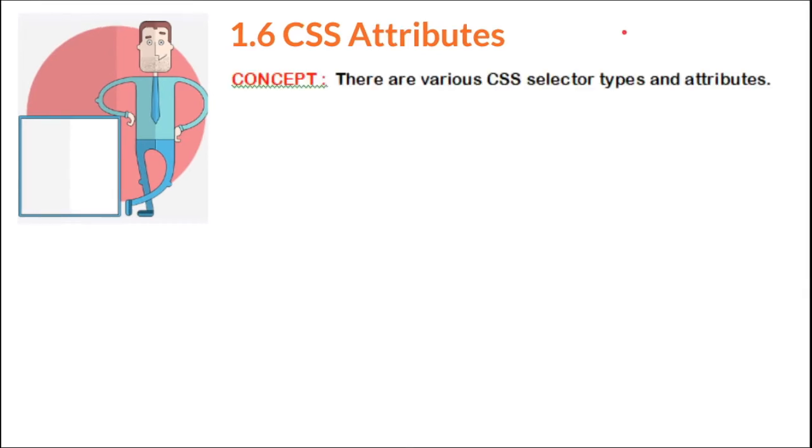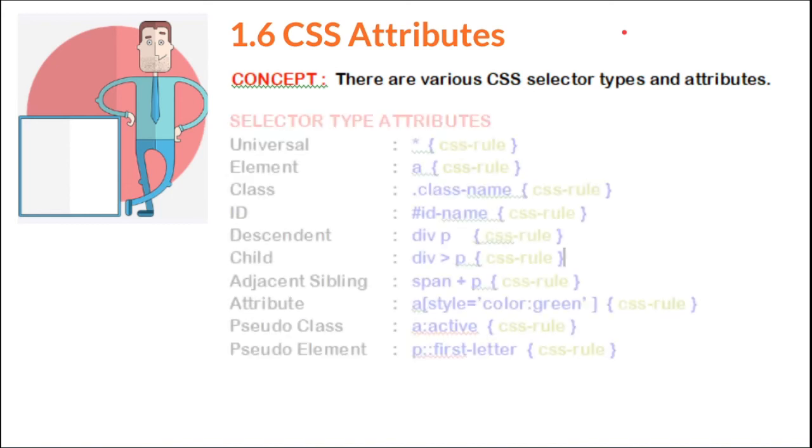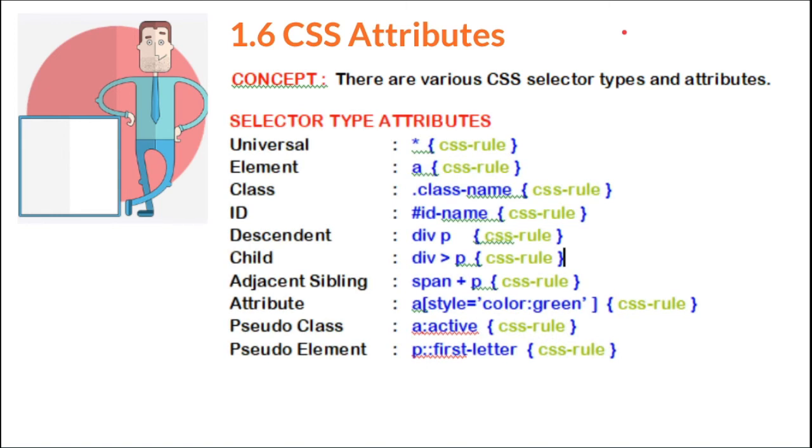Okay, moving on to CSS attributes. There are various CSS selector types and attributes available, and this is a list of all of them. So we have a selector type and attributes. We have a universal selector, which can be like star, and then your CSS rules in brackets.